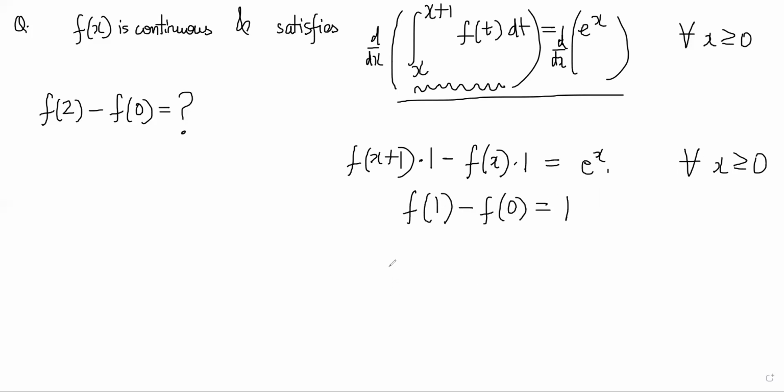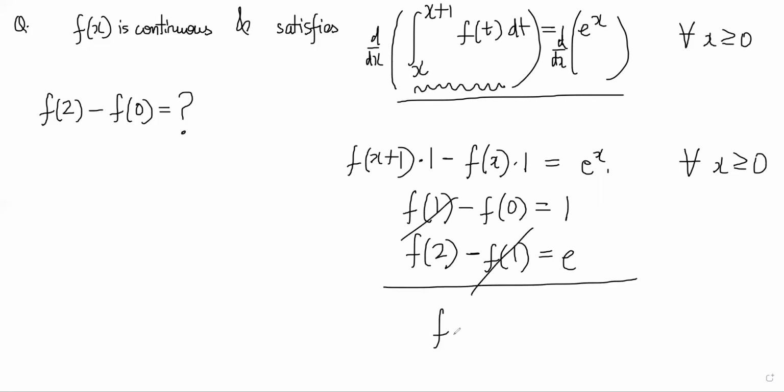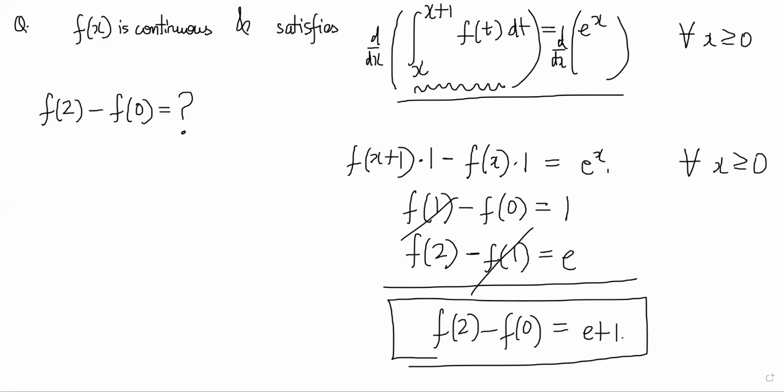If you put 1, f(2) minus f(1) is equal to e. If you add these two, you will get f(2) minus f(0) is equal to e plus 1.